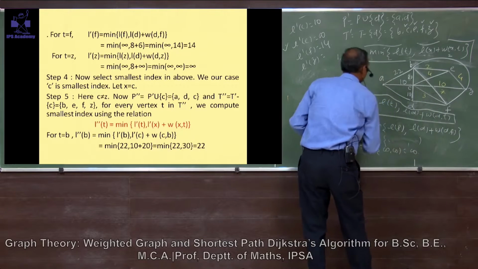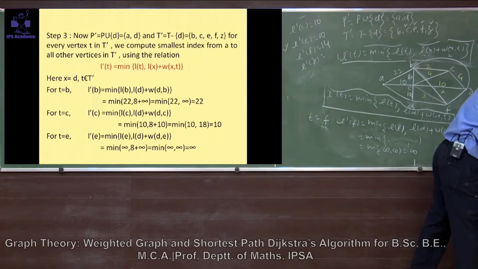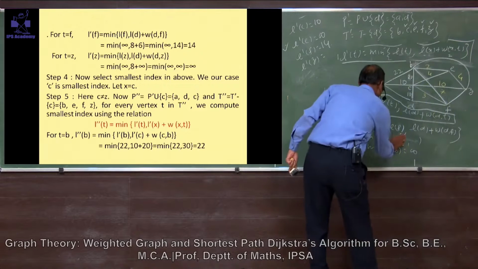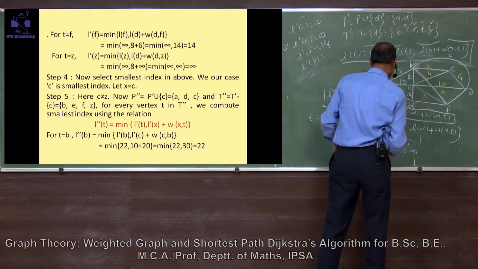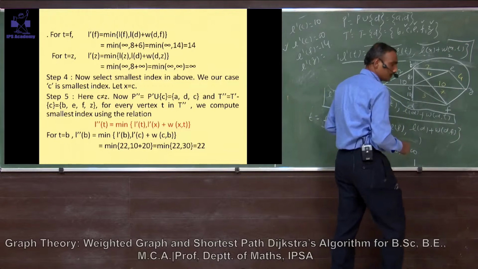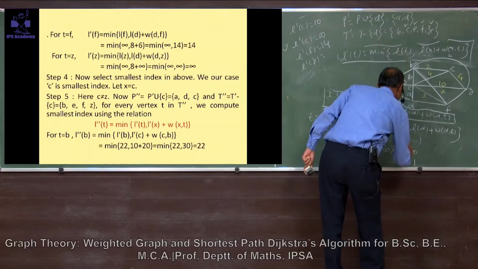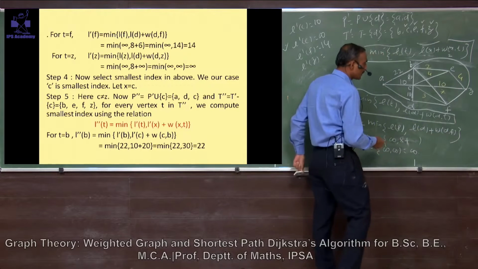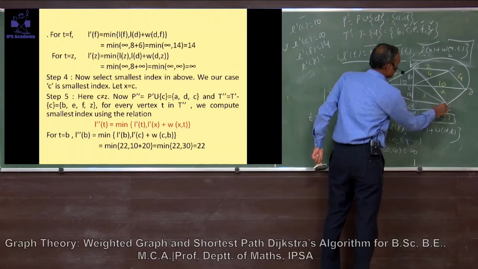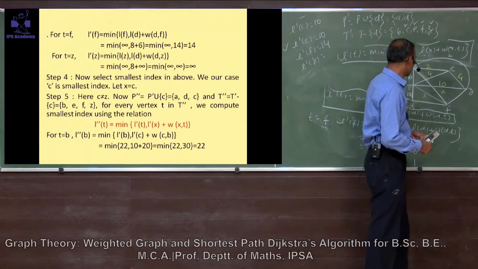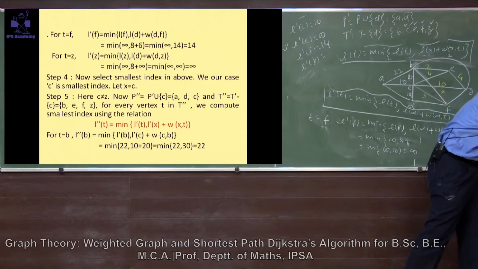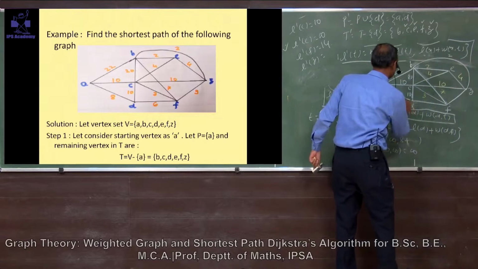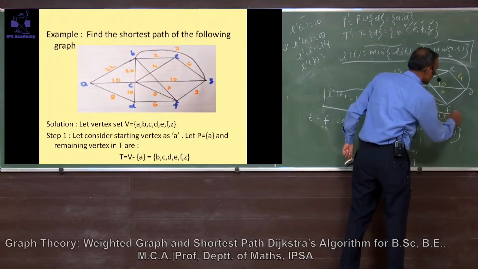From the previous slide, L(f) is infinity, and L(d) is 8, plus the weight of d, f. d and f are directly connected, and the length of d, f is given here. So what is the length of d, f? We have to find it. This is 8, this is 6, this is 6, and this is 3.